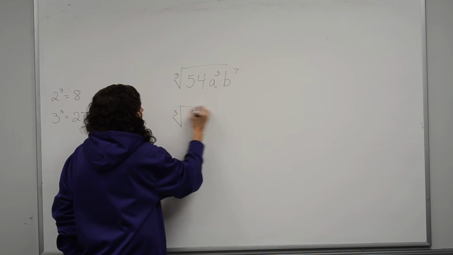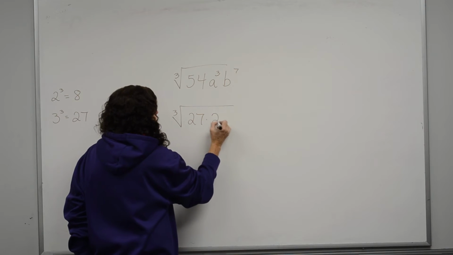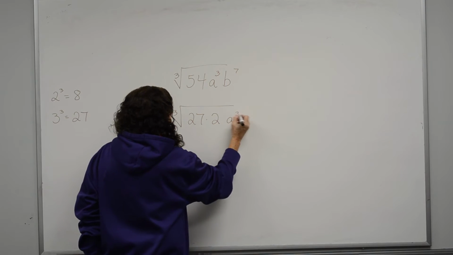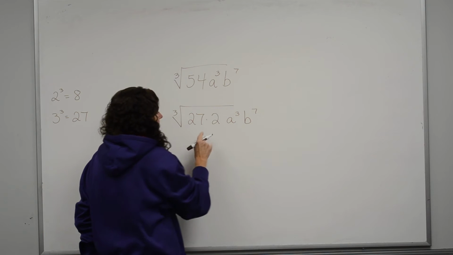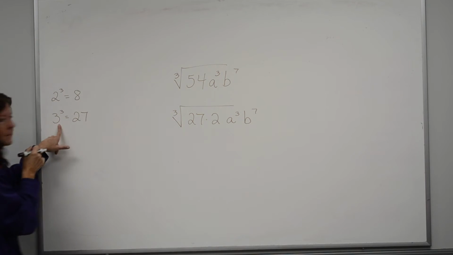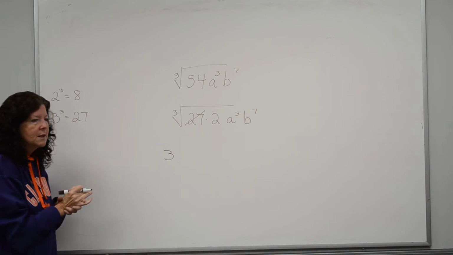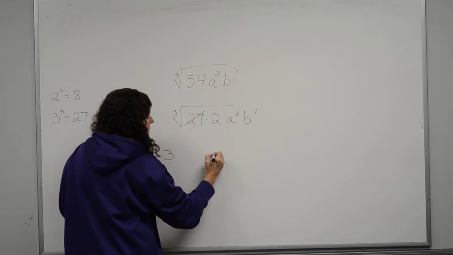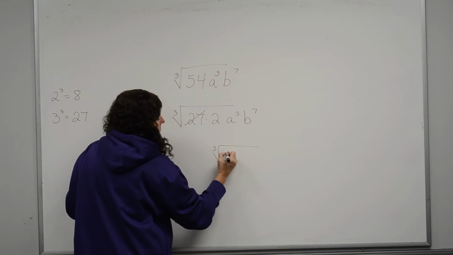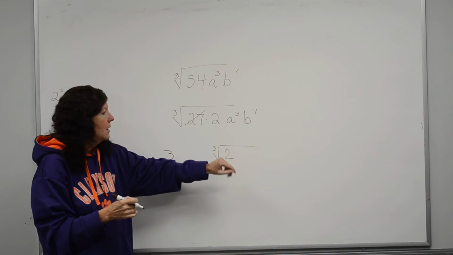So what I need to do is look at this as 27 times 2 times a cubed times b to the 7th. What's the cube root of 27? 3. So the 3 comes outside and I'm done with the 27. Can I do anything with the 2? So I got to leave it underneath there. So I'm working both outside and underneath.